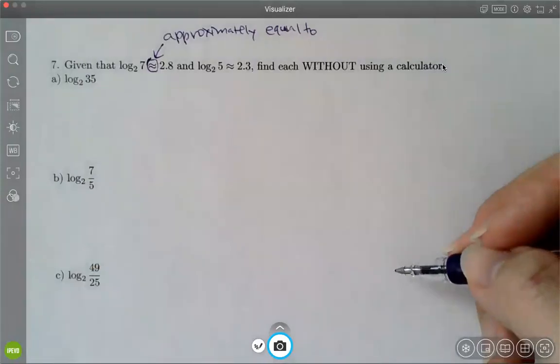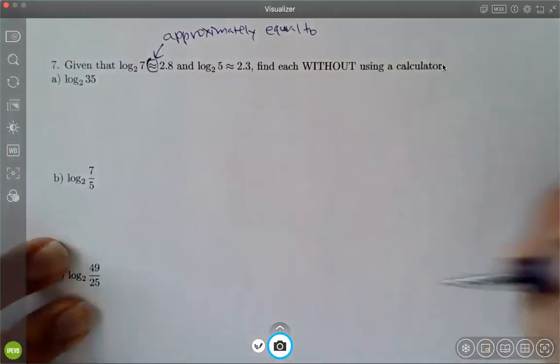So here, basically, what do you have? You have 7 and 5 within the logs, and then you have 35. So can you possibly produce 35 using 7 and 5? Yeah, of course, right? 35 is 7 times 5.